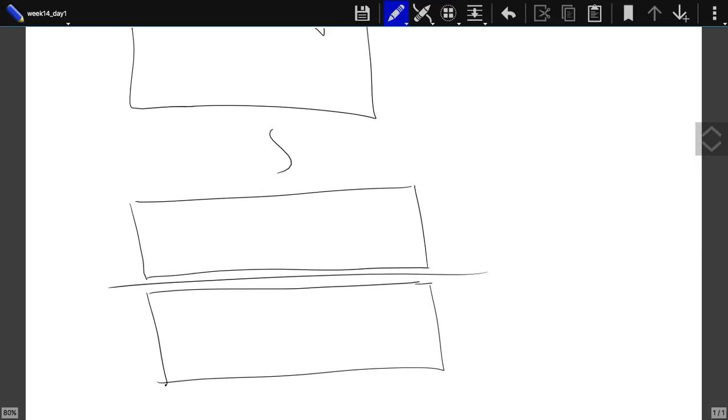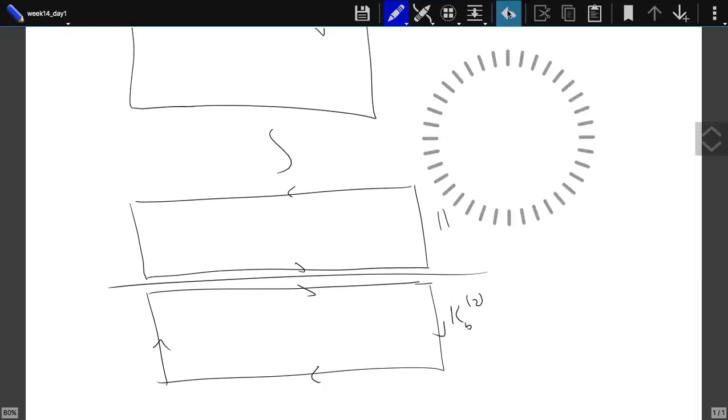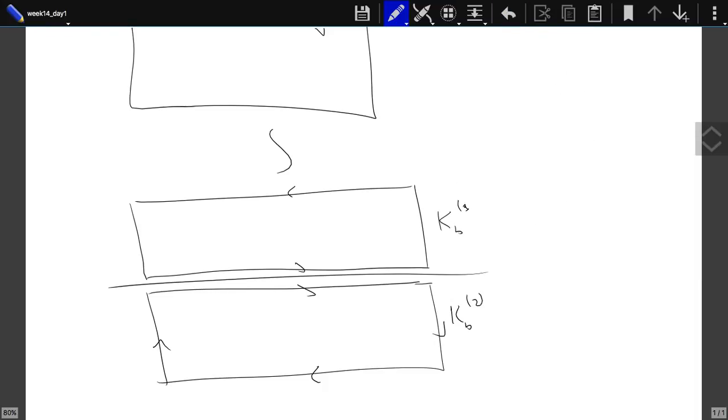So you can just think of it as a solenoid carrying one surface current, let's say KB2. This is another one carrying another surface current, KB1. And if you calculate the magnetic field at this point created by this solenoid plus the magnetic field created by this wire, you would actually get the previous result.